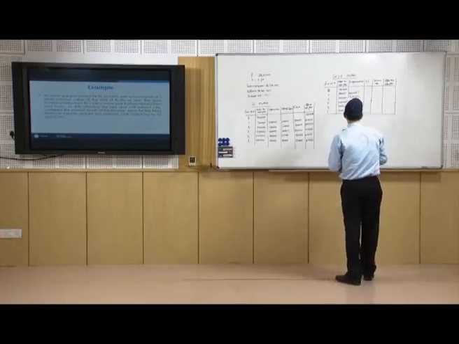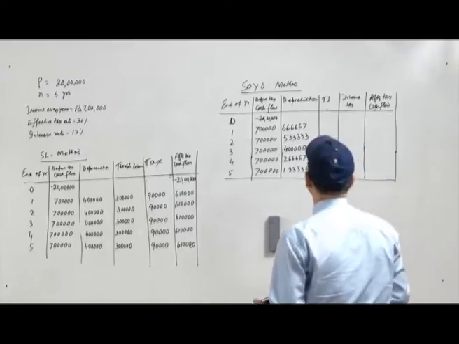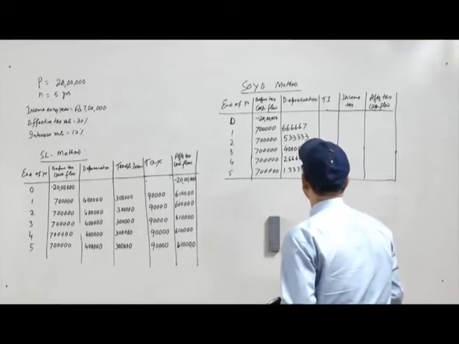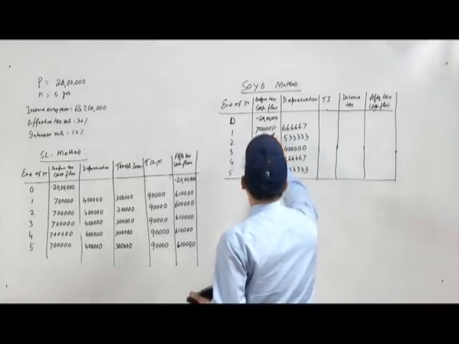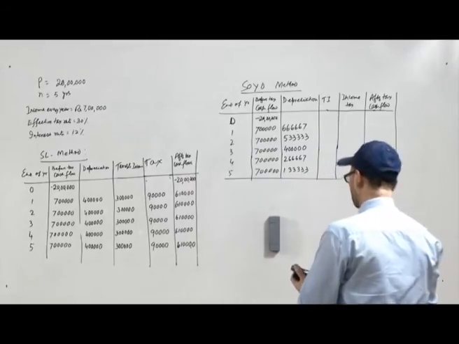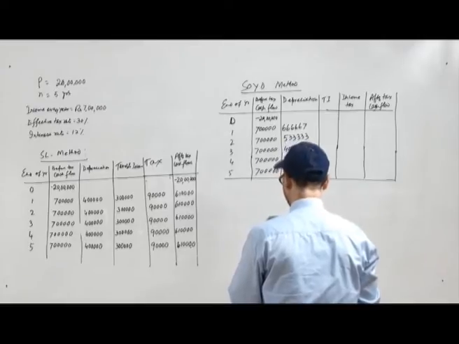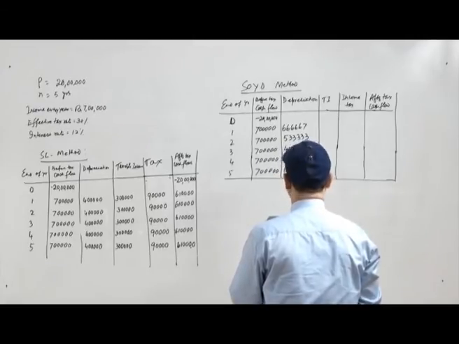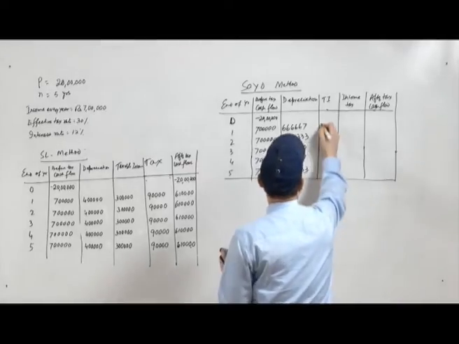Now, taxable income is the difference between the income and the depreciation charge. So 7 lakh minus 6,66,667 is 33,333.